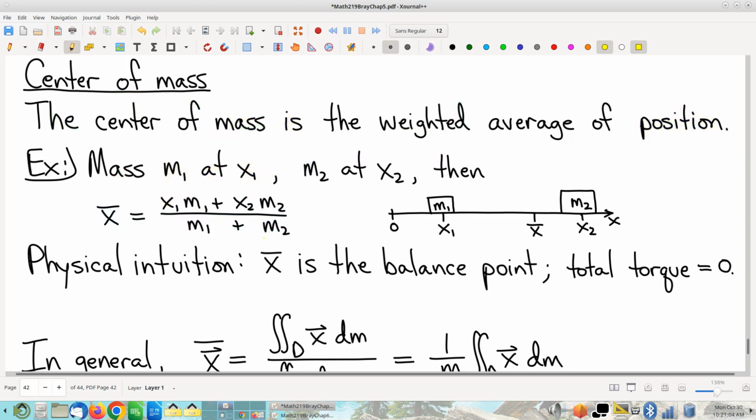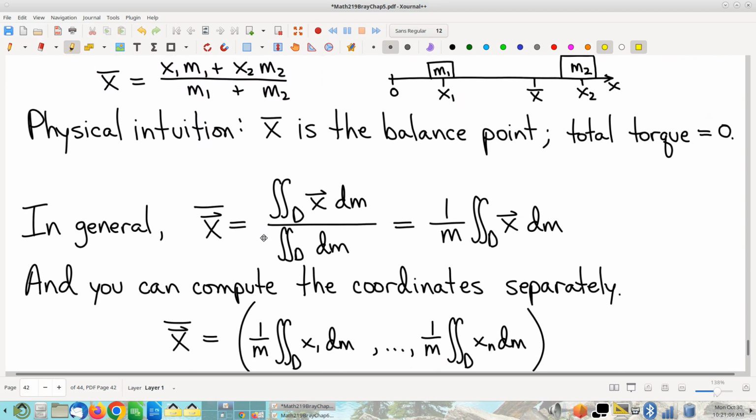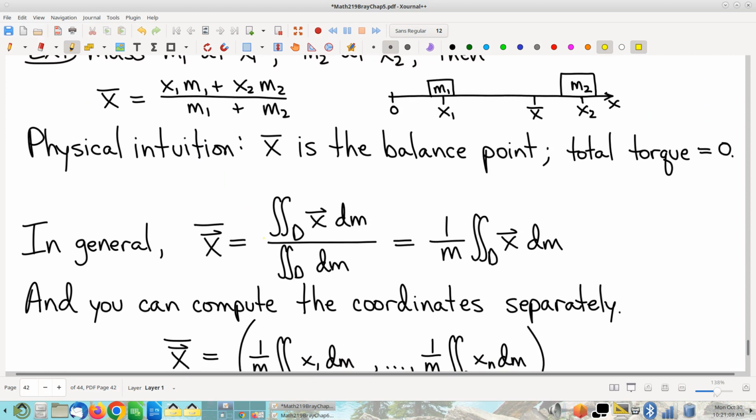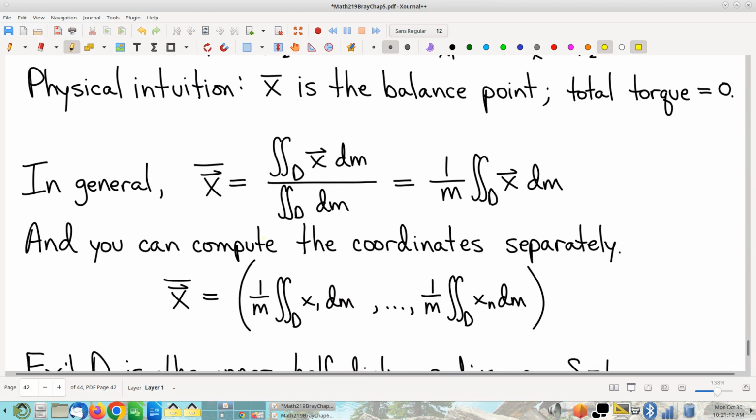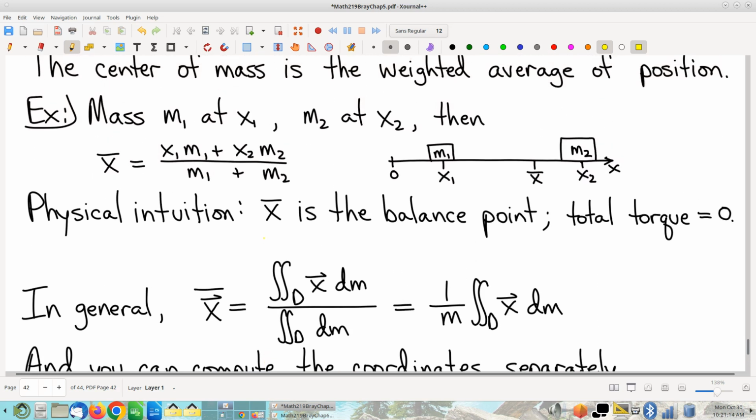Simple expression, and we talked about the basic physics of that. So this is an example with 2 points and 2 masses, and when it's only 2 of them, of course, there's a really simple formula for it. But when we're talking about the more general case, if you have a bunch of different masses, you would add those up, and if you have a continuum of masses, the continuous version of adding is integrals.